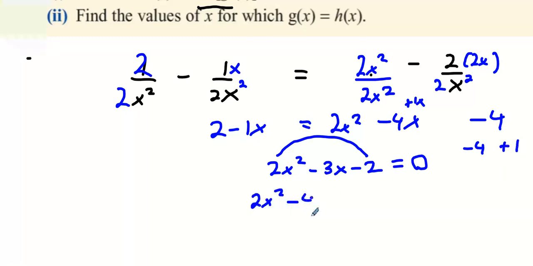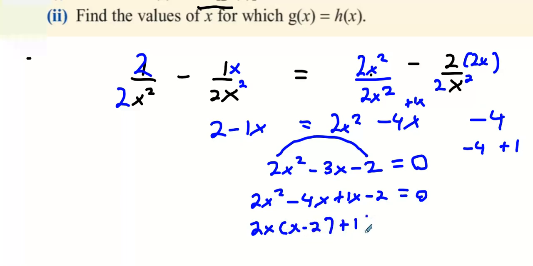Break it up into... Okay, now what? Two x into... And after that, +1 into x minus 2 equals 0.